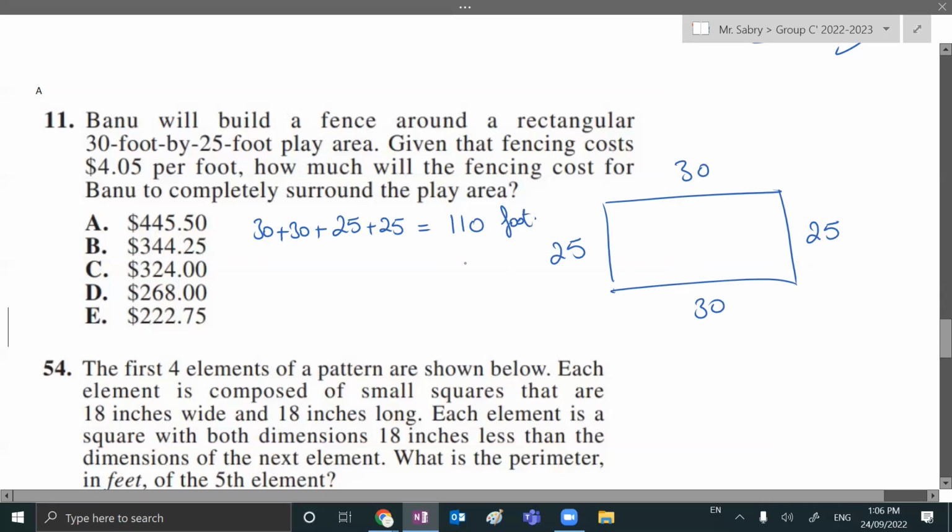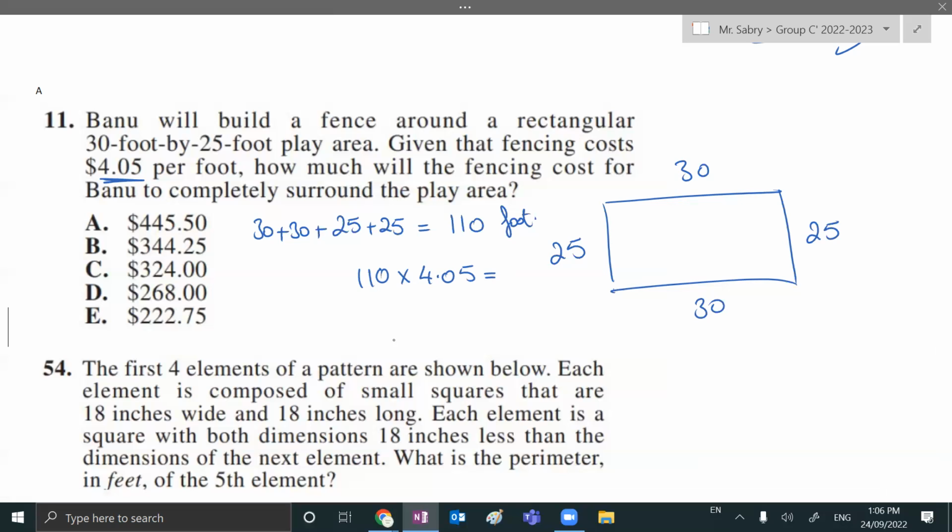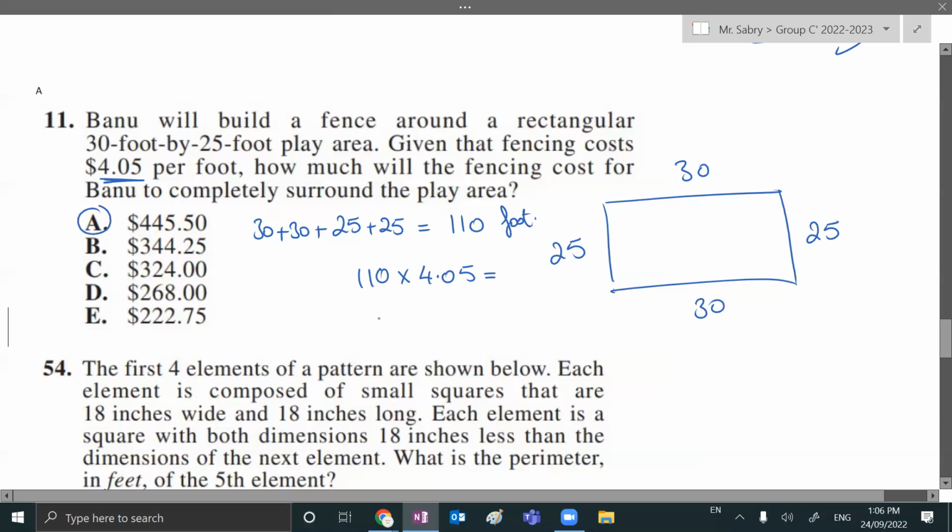So I need 110 foot of this fence. Each foot costs $4.05. So 110 multiplied by 4.05. That is what should give me the answer right away, which then the answer of this question would be A. The majority got it correct with a few mistakes.